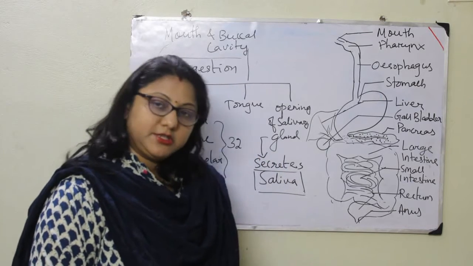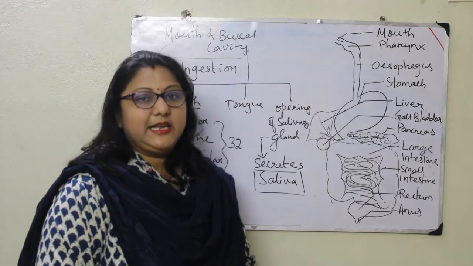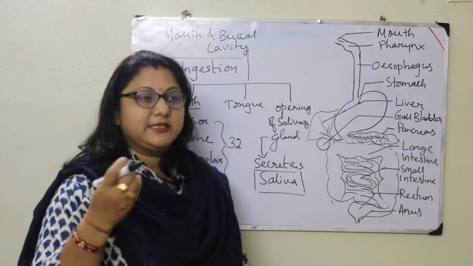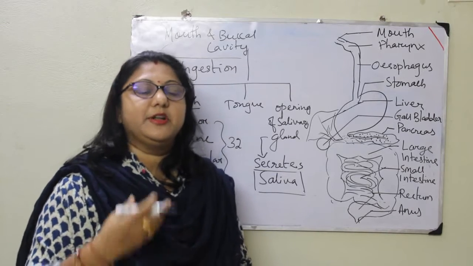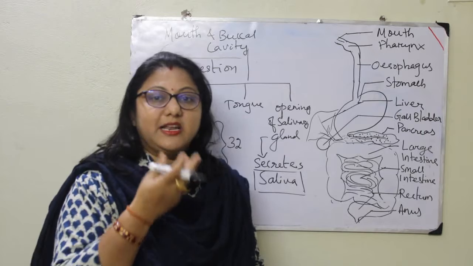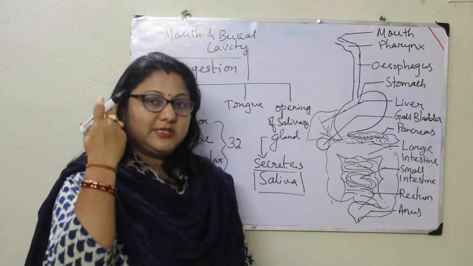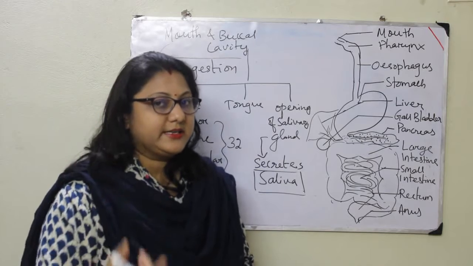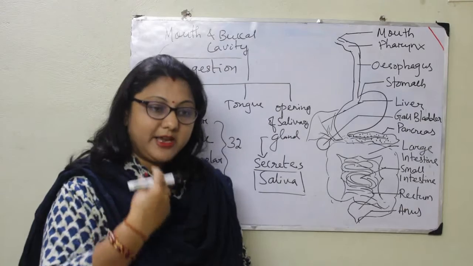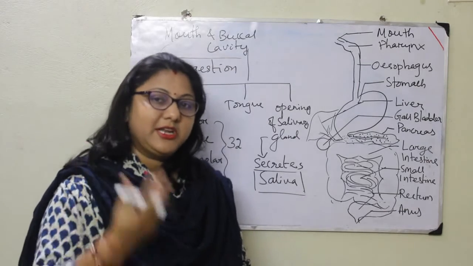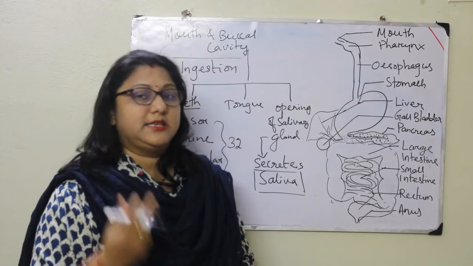Now, how is it doing the partial digestion? What does the saliva contain? Saliva is a slimy, fluid-like structure. Whenever we see our favorite food, we can see saliva getting secreted in our mouth, right? So the secretion of saliva is also connected with our nervous system. Whenever we take food inside, the gland immediately gets activated and secretes saliva.